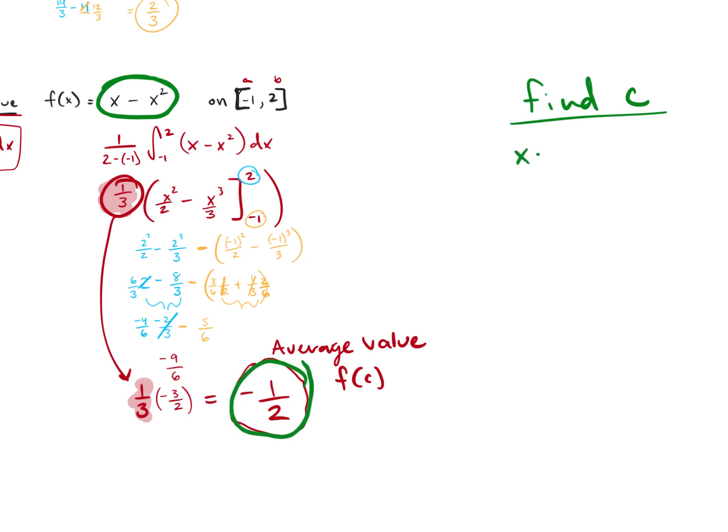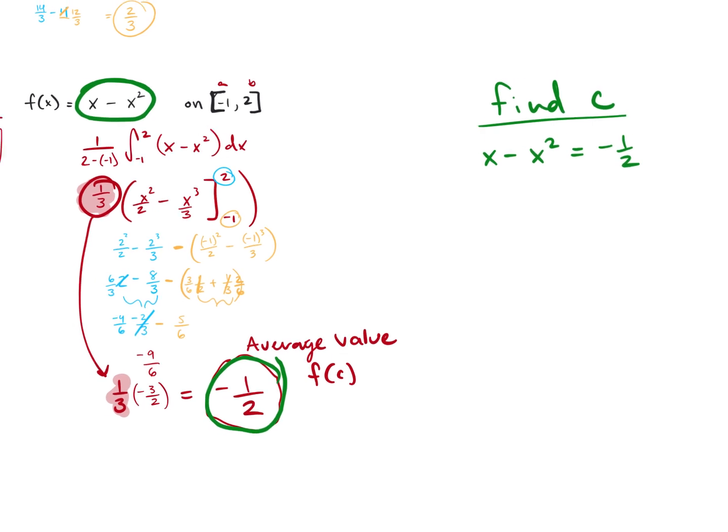So we get x minus x squared equals negative 1/2. How would we solve this? I've got to move the negative 1/2 to the other side, so I'm going to put it in standard form, so negative x squared plus x plus 1/2.